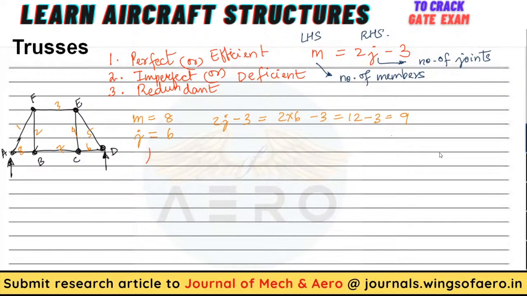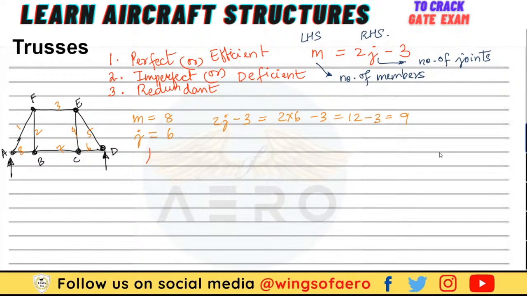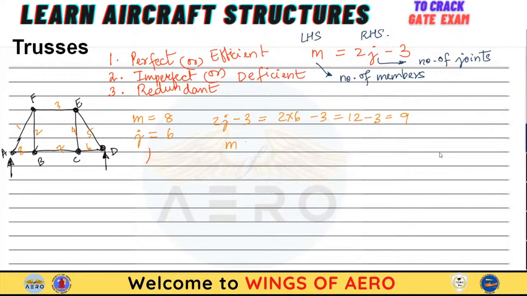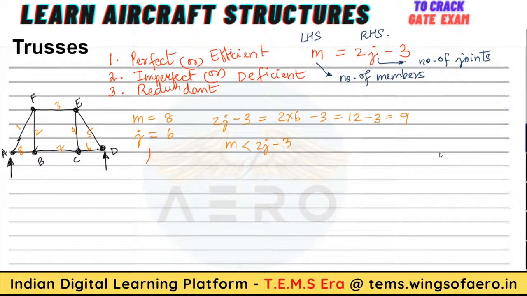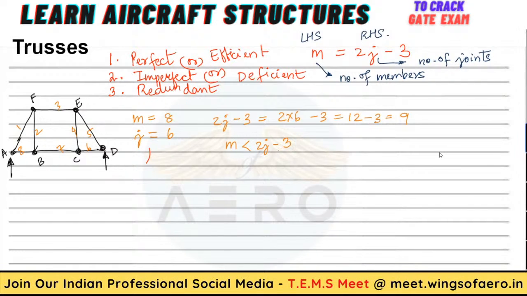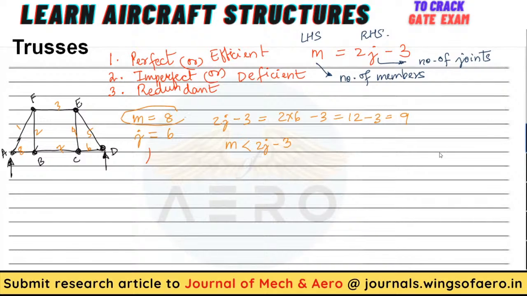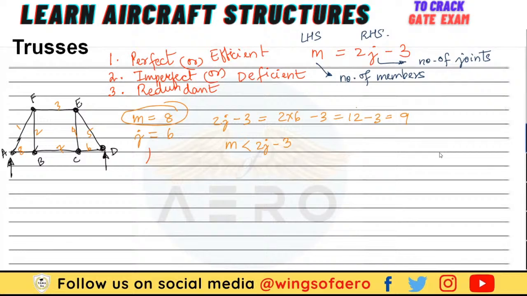Right? Now which one is greater? M is less than 2j minus 3. Am I right? M is 8 over here, and 2j minus 3, I got 9.